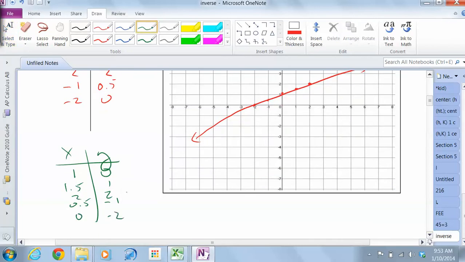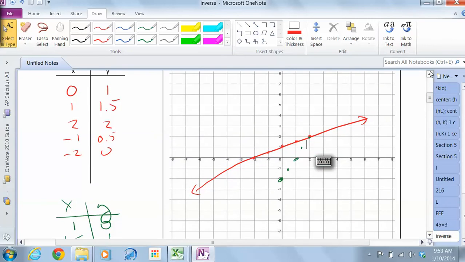So here's 0, -2, 0.5, -1, 1, 0, 2, 2, or sorry, 1.5, 1, and 2, 2. So if I graph that, our line will look like that.